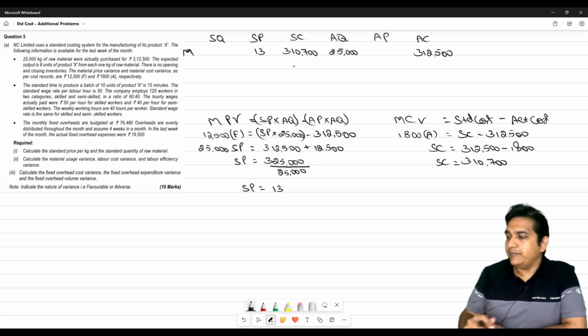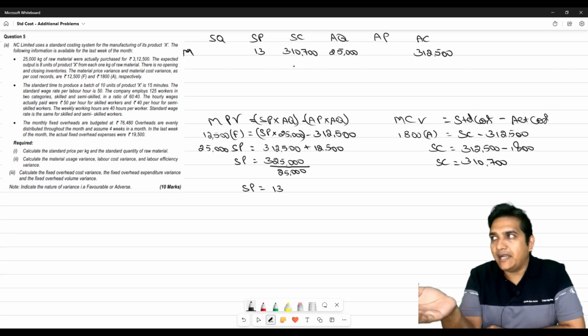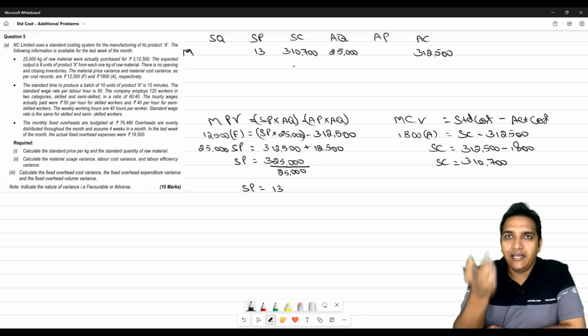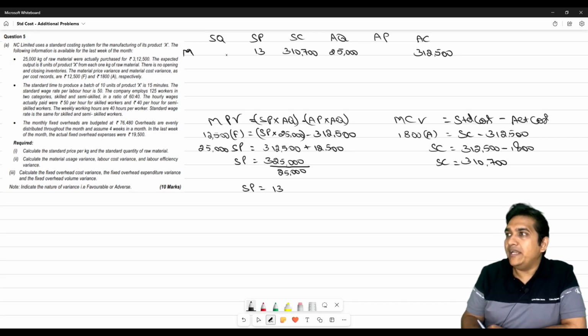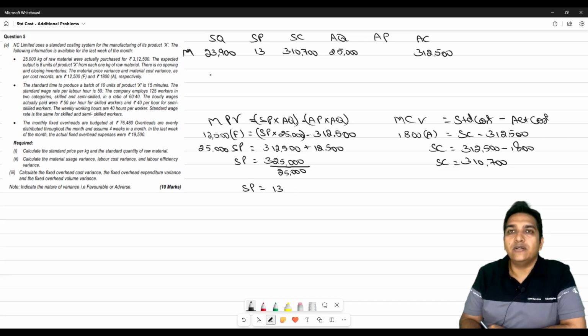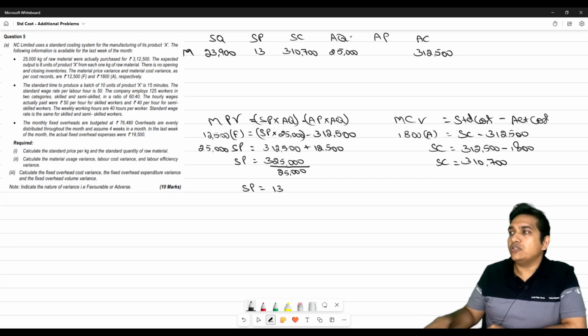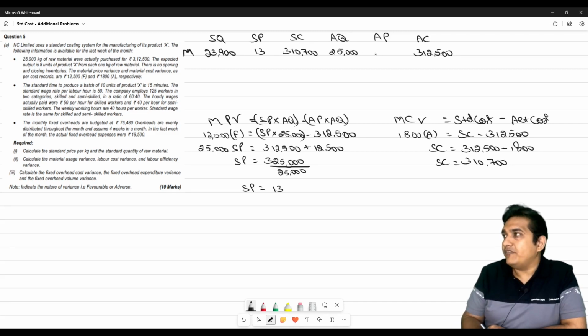3,10,700, right? So now since we have got our standard cost, we have our standard price, we can calculate our standard quantity. So 3,10,700 divided by 13, we get 23,900. And since we have our actual cost and we have our actual quantity, we can also calculate our actual price. So 3,12,500 divided by 25,000, which is 12.5.